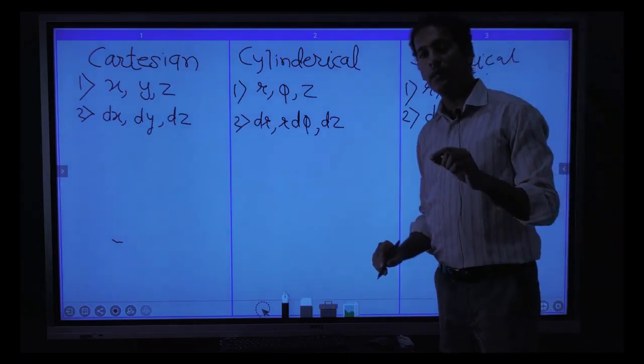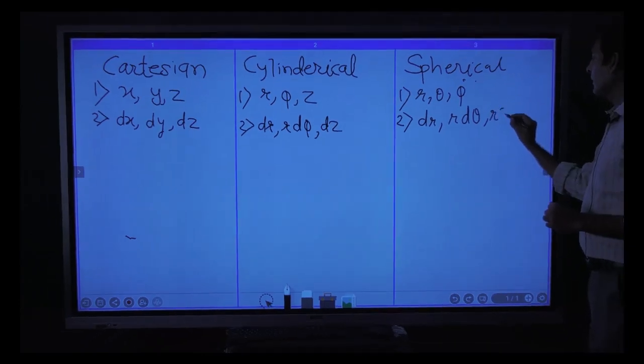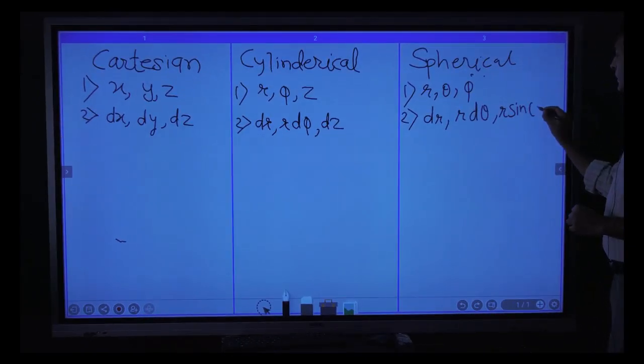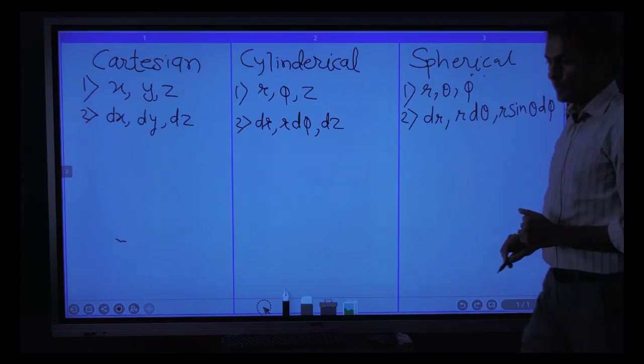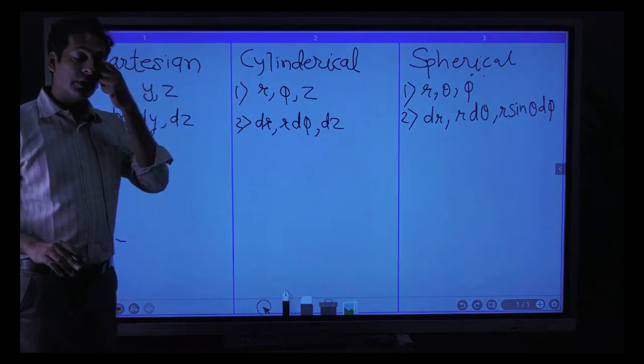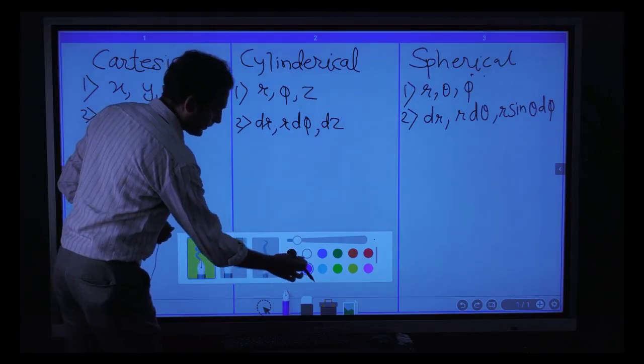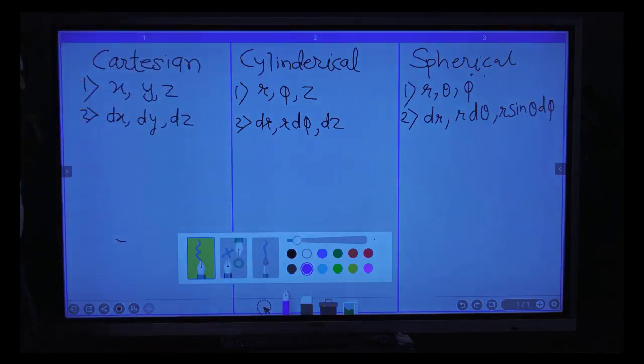It is r sin theta d phi. These three elements are very important to remember the further equations. Based on that only we can remember the next equations.